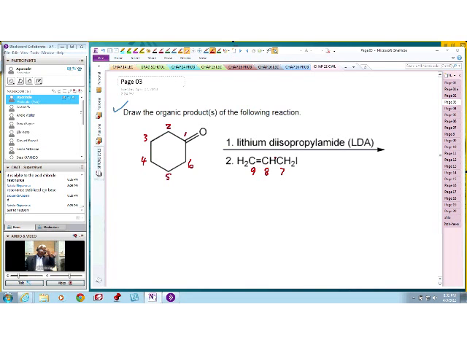So what will be the product here? Just give me the numbers, the carbons that are attached to each other. If 2 and 9 are joined together, give me 2 and 9. If 3 and 8 are joined together, give me 3 and 8. So I could write the product. What will be the answer here? Somebody said 2 and 9.